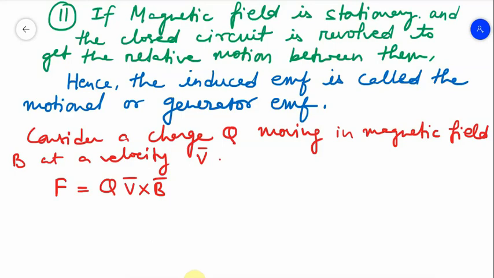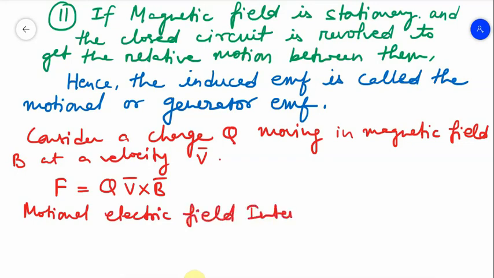Now the motional electric field intensity. Okay, so what is motional electric field intensity? That is Em, and this Em equals to what?